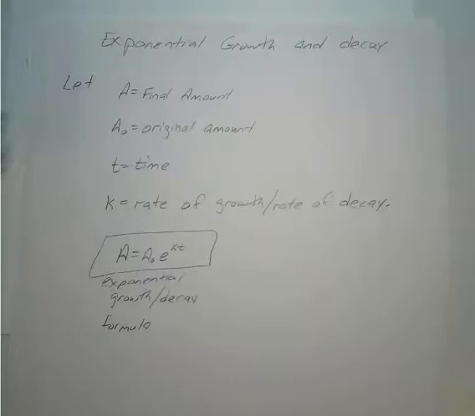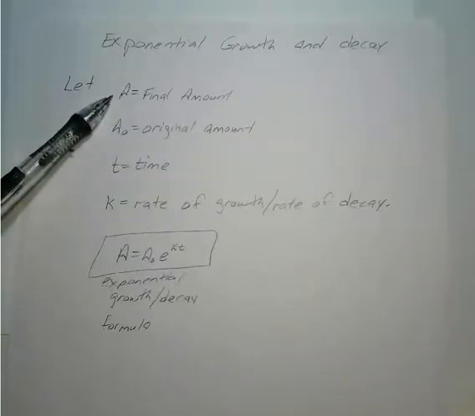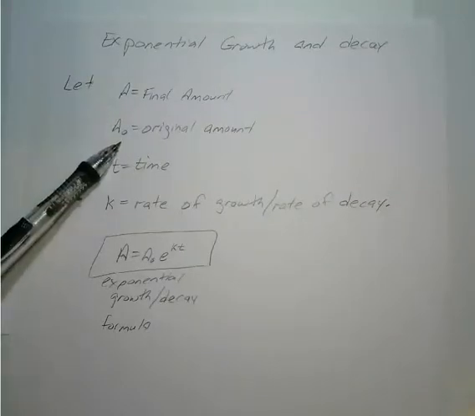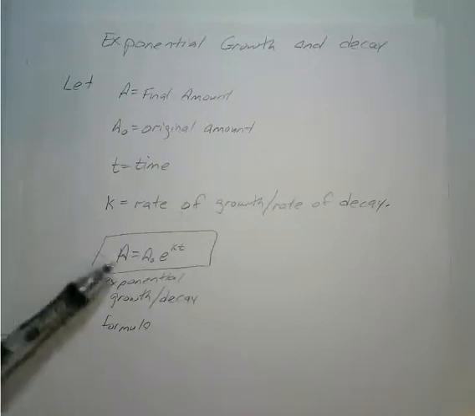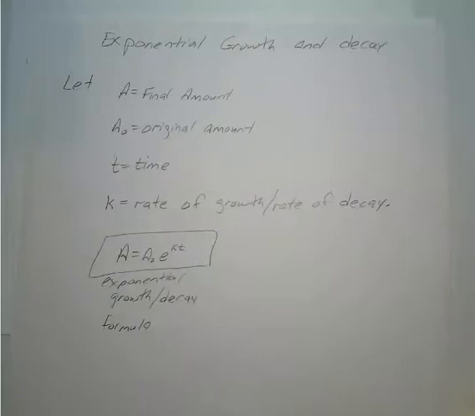So here we have A equals our final amount. Remember, it's final amount or new amount. Our A sub 0 is our original amount. Remember before we had a P. That would be our starting amount or original amount.